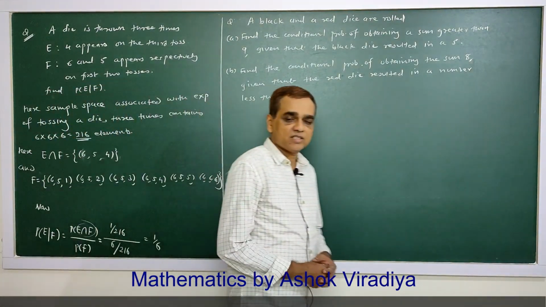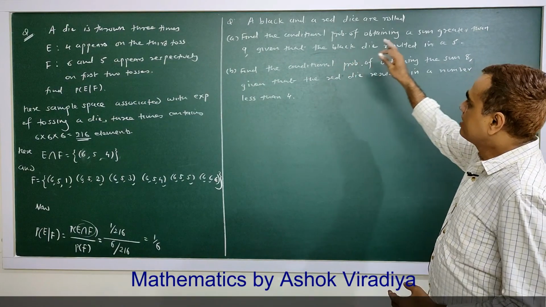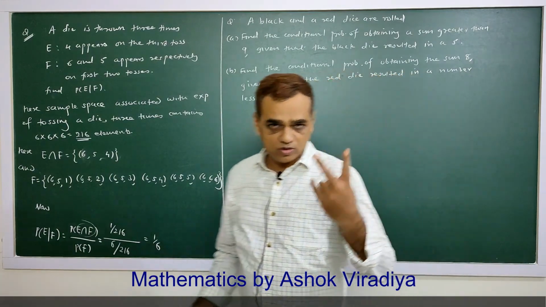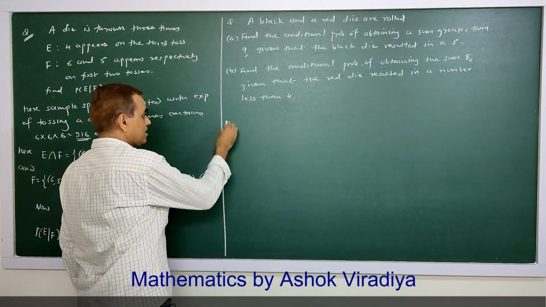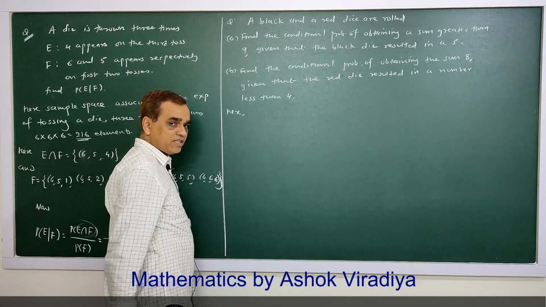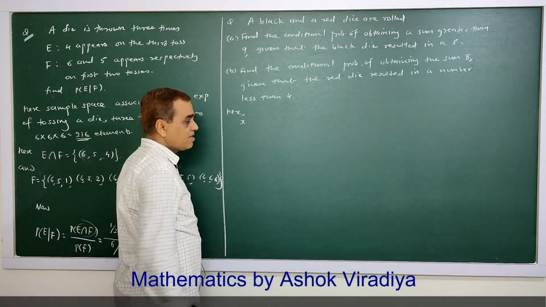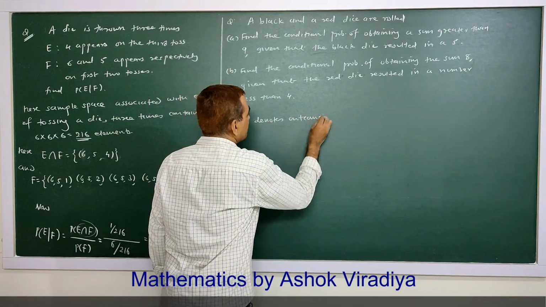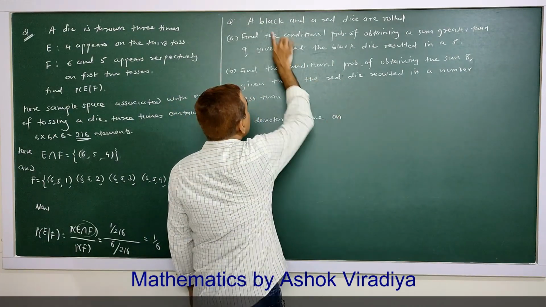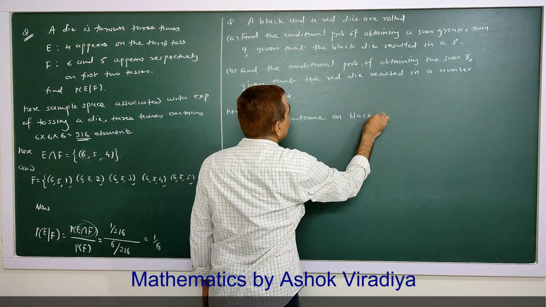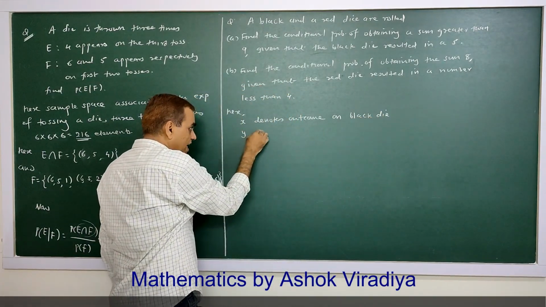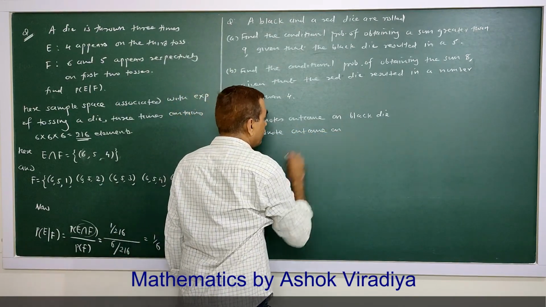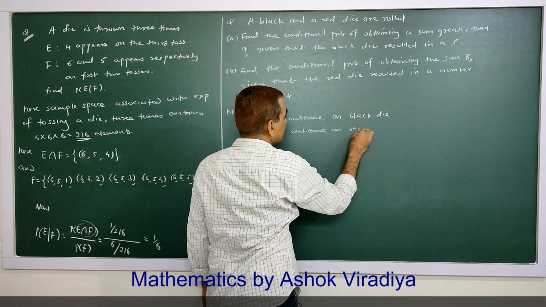Now in this question, a black and a red die are rolled. That means 2 dice are rolled. So for the sample space, suppose we denote X as the outcome on the black die and Y as the outcome on the red die.